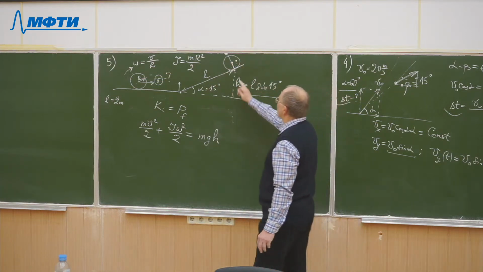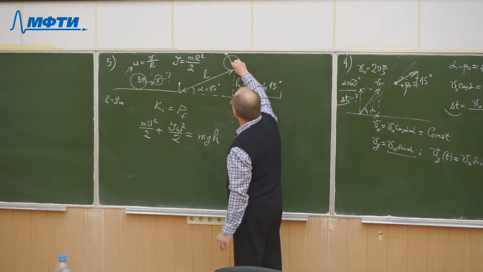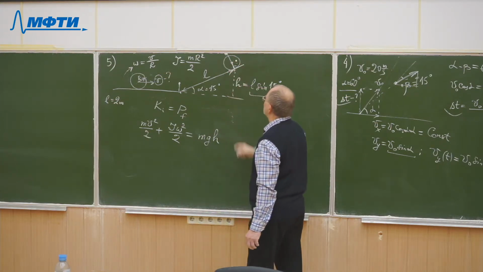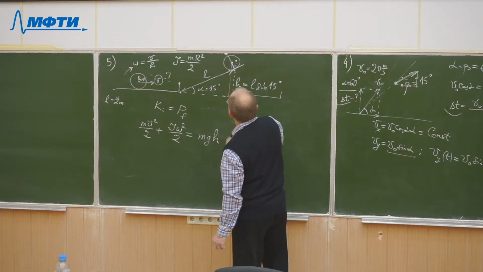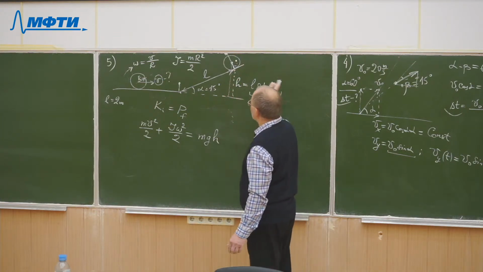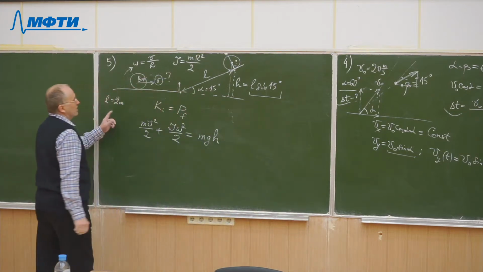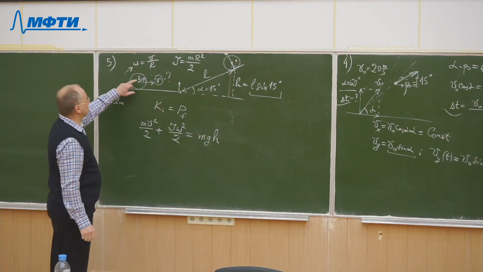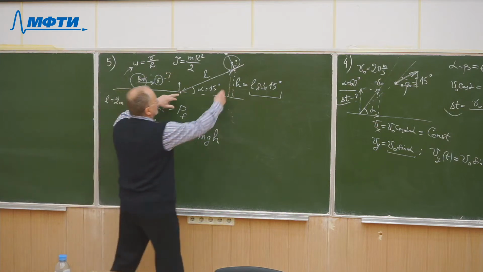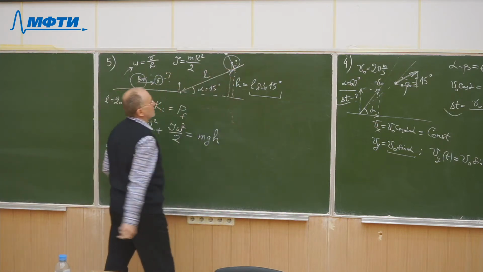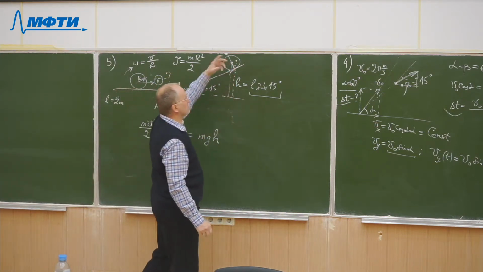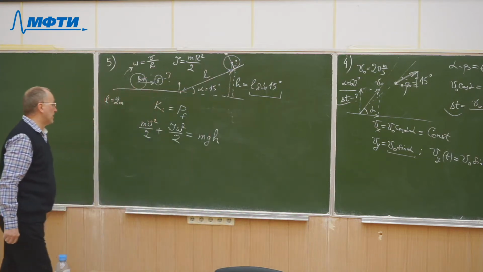So in order not to complicate the problem with these geometrical calculations of the real height of the center of mass, in order to make the problem more primitive, we have assumed that the disk radius is much smaller than this length and much smaller than this length, so we don't have to take into account these geometrical complications.